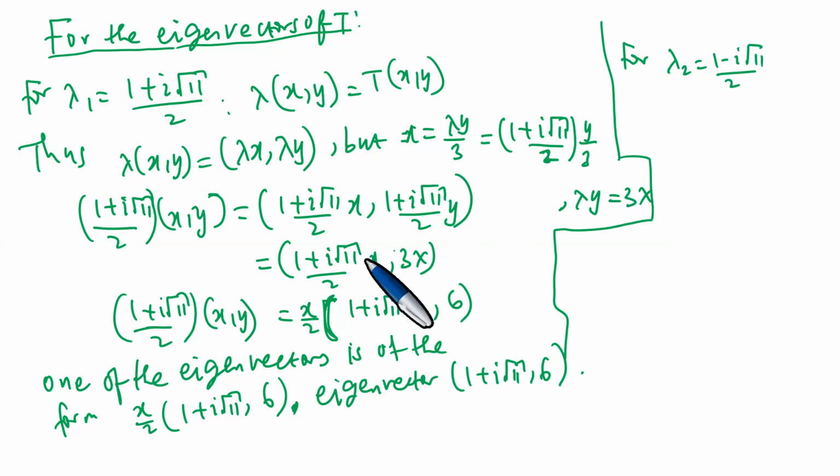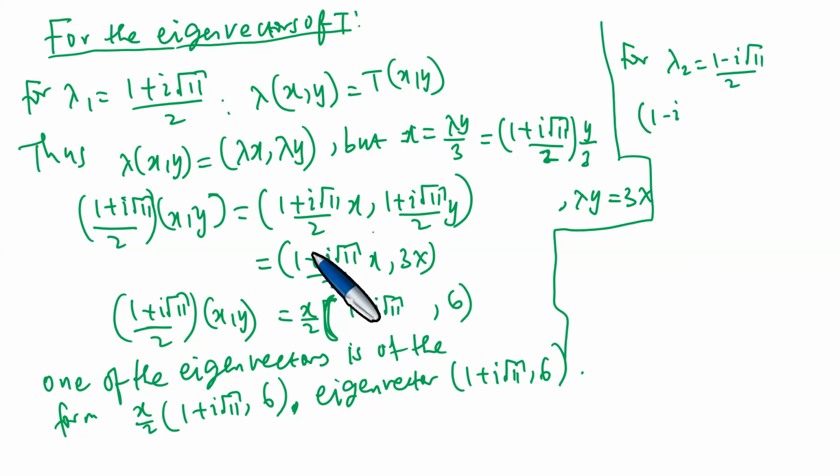But now where will the difference be? Okay, at this point you would still have a situation where there is lambda y, and when you multiply, you'd have a 3x. But now this vector is going to be a different vector. So you're going to have 1 minus at this point.